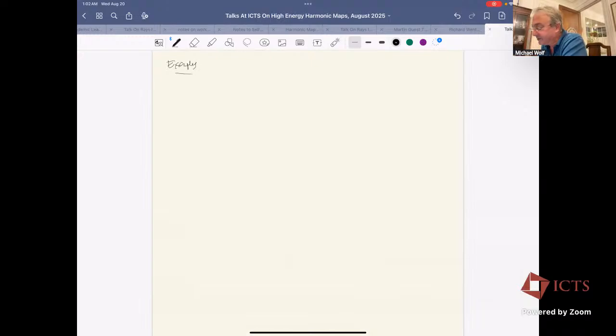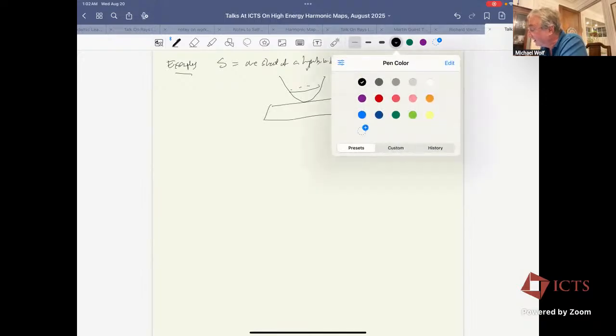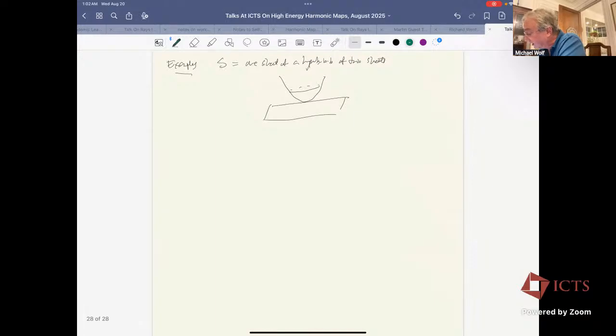So there's two examples that come to mind. The first is I can take S to be just one sheet of a hyperboloid of two sheets. So, this Minkowski model of hyperbolic space. I have a hyperboloid. This is going to be a graph over a circle.